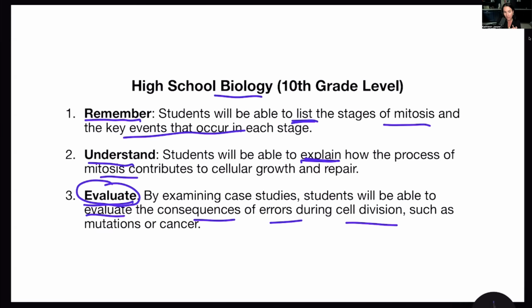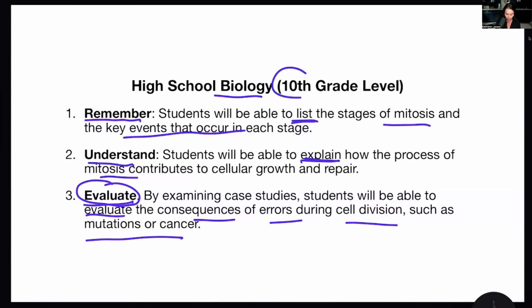Does that mean issues in terms of chromosome splitting? Does that lead to birth defects? Does that lead to certain cancers? Whatever it is, we can figure that out when it comes to consequences of errors during cell division. And this is going to help us move students towards that critical thinking, higher order skills.